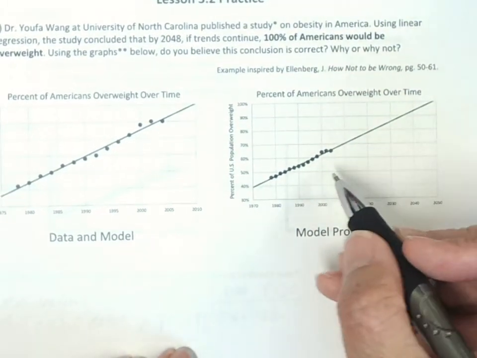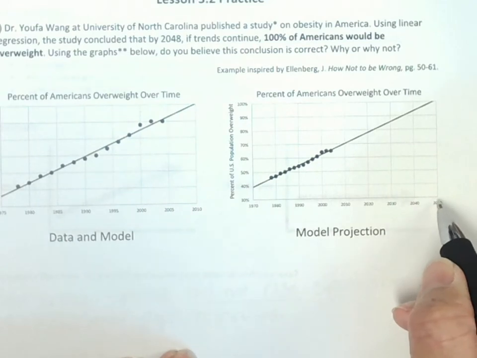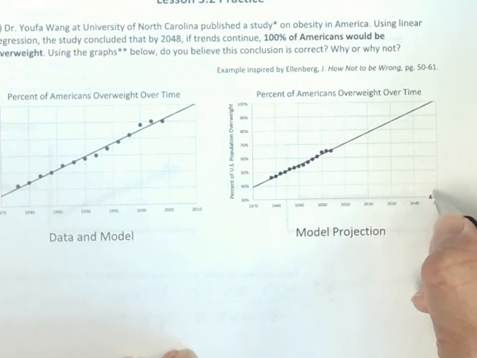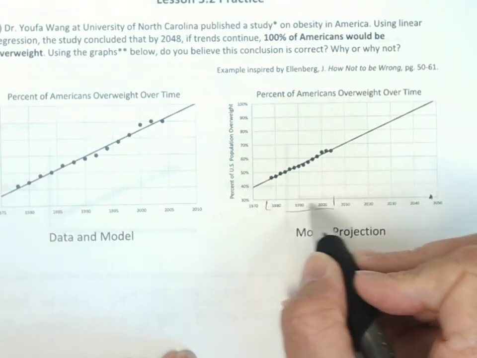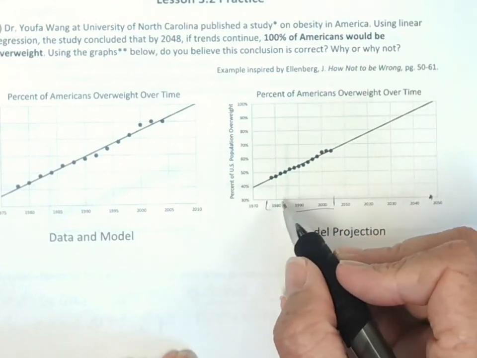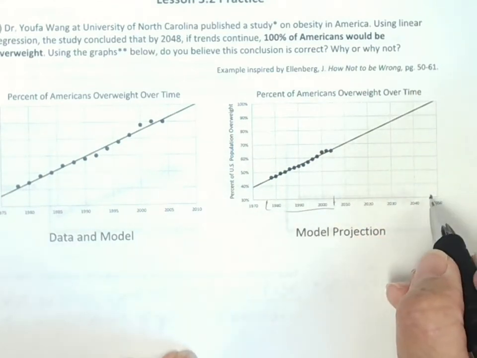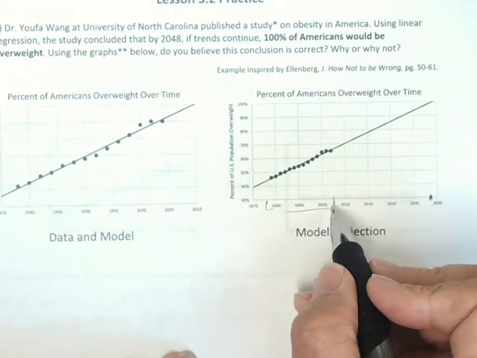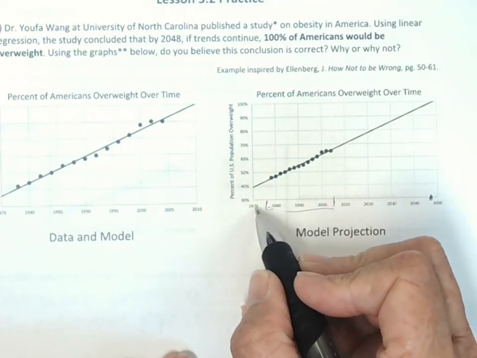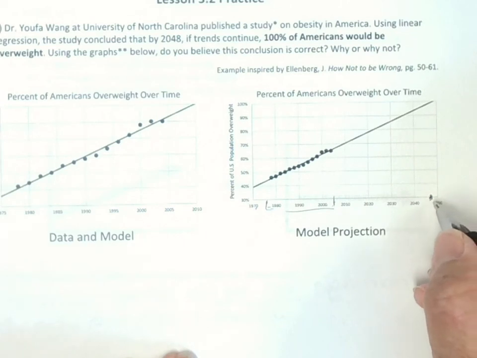Well, over here, I've extended the line out to 2048. So about right there is 2048. But look at how far that year is from this interval where we gathered the data. It's not within the interval. So when you are trying to make a prediction where your X value is way outside the interval where you gathered the data, it's not going to be accurate.